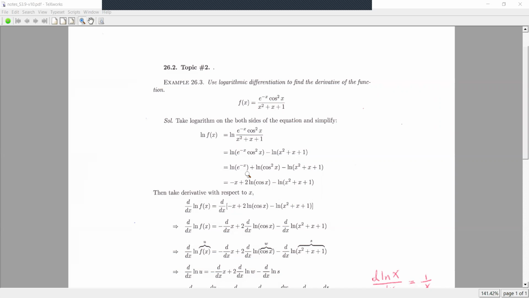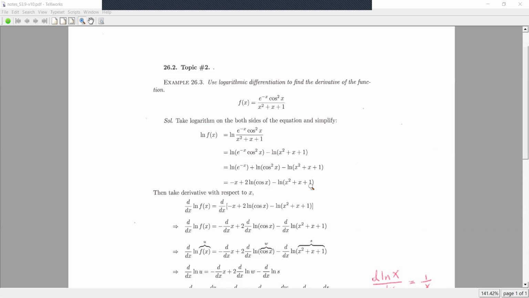Then the first term becomes negative x. The second term, the function is a power, cosine squared. Natural log of a power is power times natural log. That is, I can move the power 2 to the front to get this term. Now, about this function, I cannot further simplify it.